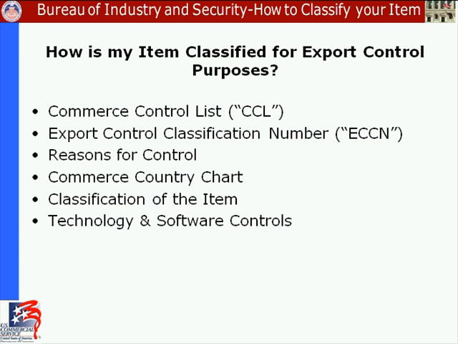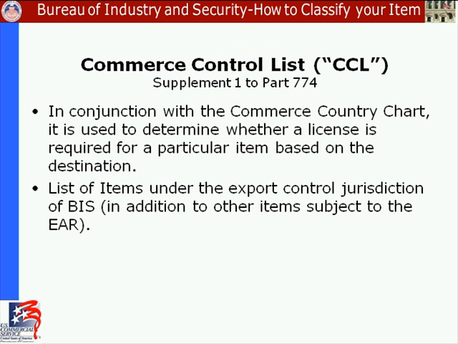Okay. The Commerce Control List is a list of dual-use items under Commerce jurisdiction, or Bureau of Industry and Security jurisdiction. And we list items by the ECCN number, Export Control Classification Number.